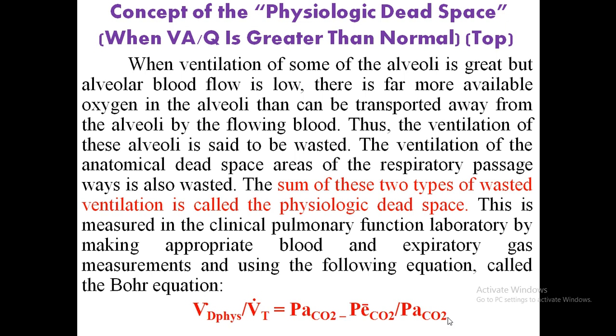In this equation, VD is the physiological dead space, VT is the tidal volume, and you know the tidal volume is the normal inspired or expired volume of air in the resting state. PaCO2 is the partial pressure of carbon dioxide in the arterial blood, and PECO2 is the average partial pressure of carbon dioxide in the entire expired air. When physiological dead space is great, much of the ventilation is wasted effort because much of the ventilating air never reaches the blood.